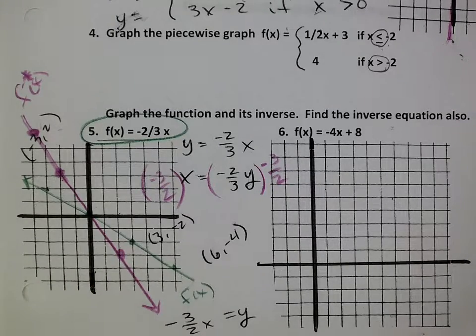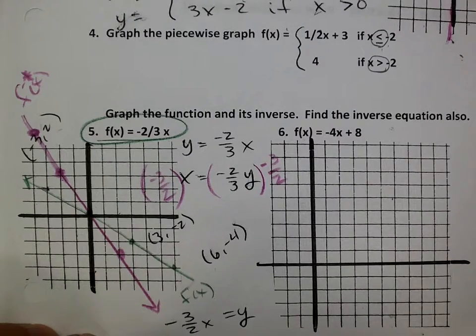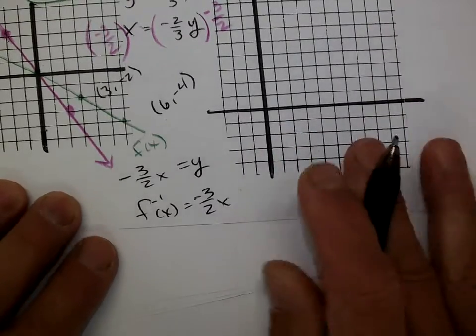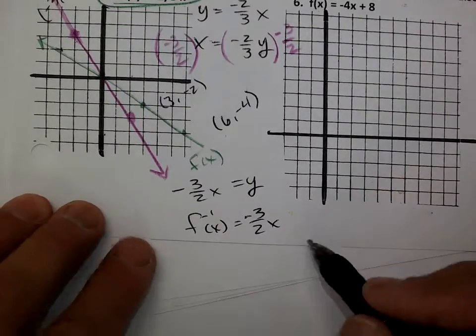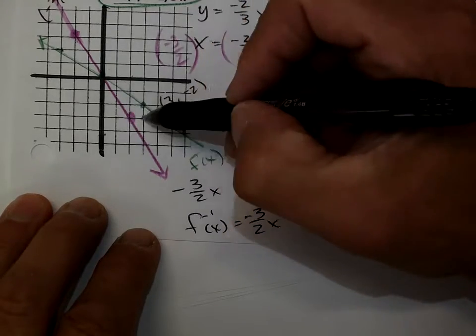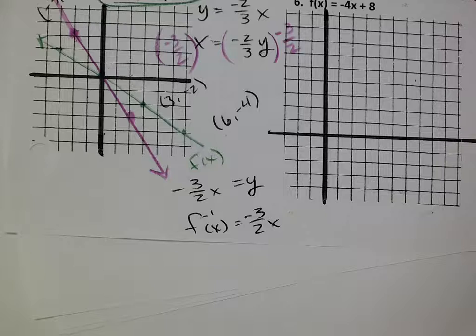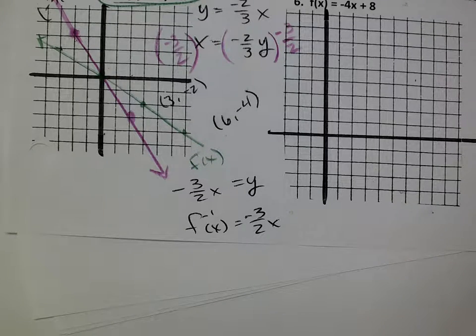Instead of writing y, I'll write f inverse of x equals negative 3/2 x. Now let's check my purple line. Start at 0, down 3/2, down 3/2. So my point-by-point line matches what my inverse line should be.